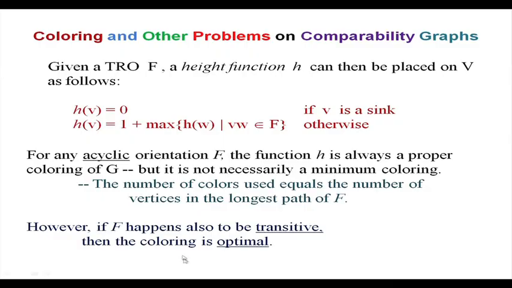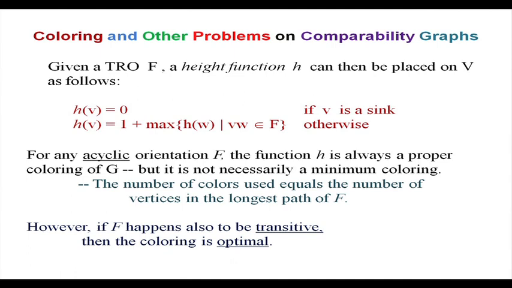The number of colors being used will equal the number of vertices on the longest path as you go up the hierarchy. However, if f happens to be a transitive orientation, then this coloring is optimal.